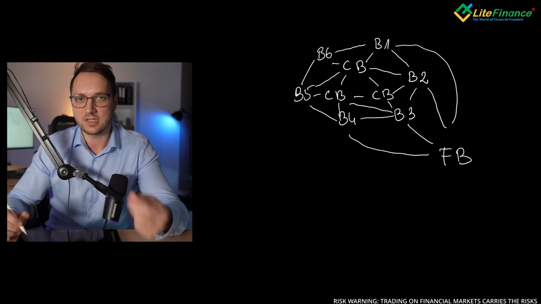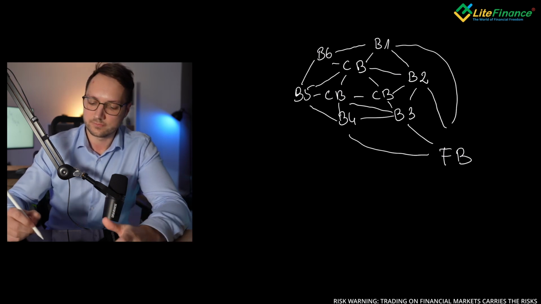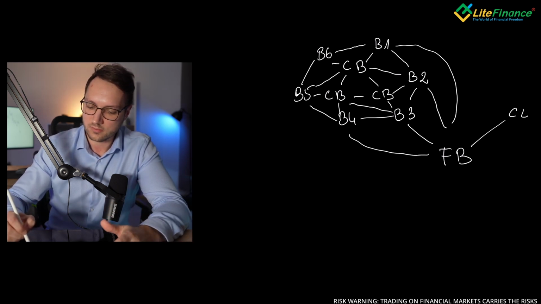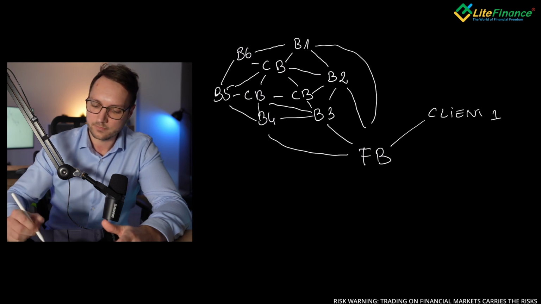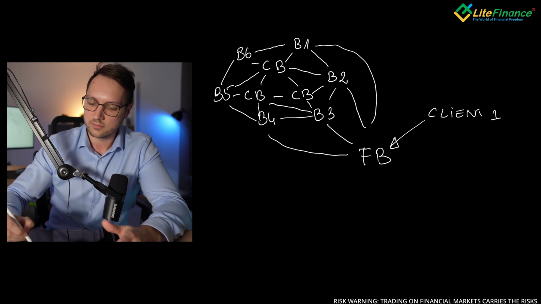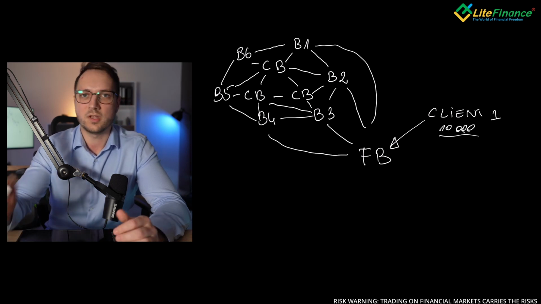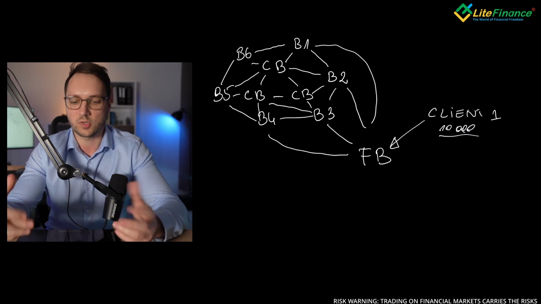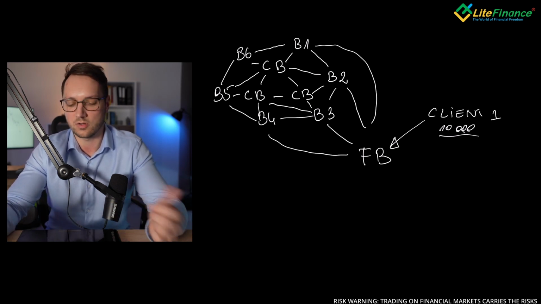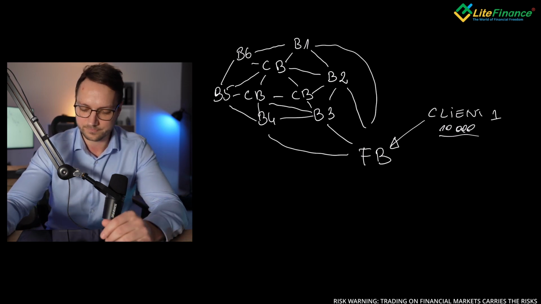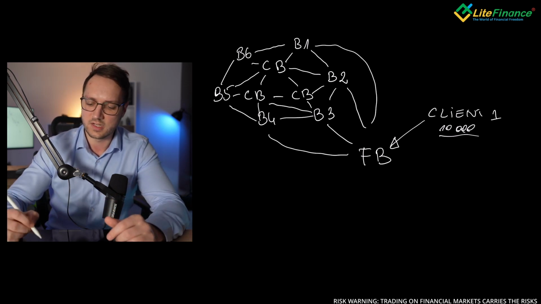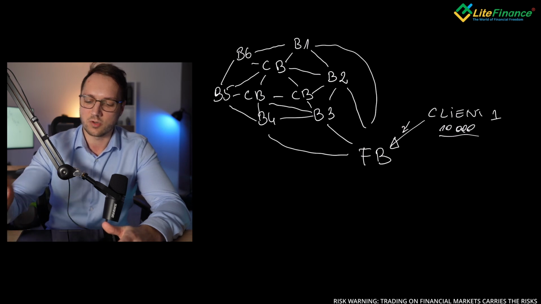So what are you gaining as a client of a Forex Broker? Let's say you are client number 1. You have your 10,000 on your account, and you are sending a request that you want to, for example, go long on a Euro USD currency pair. Doesn't matter the volume. You are sending this request to the broker.